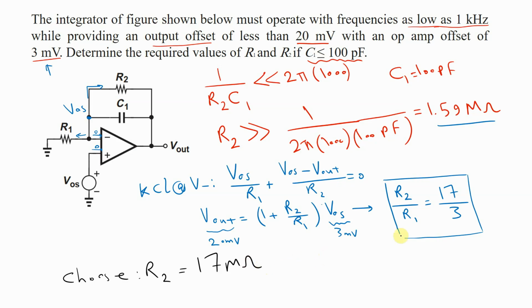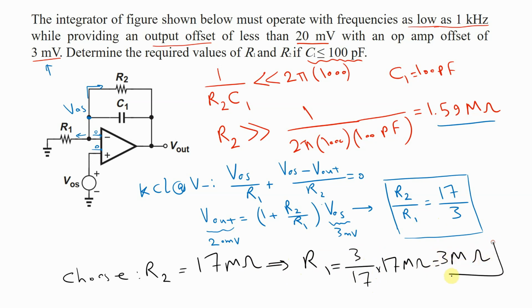So R1 equals 3 divided by 17 times 17 mega ohm, which is equal to 3 mega ohm. You can choose something else, but be careful.